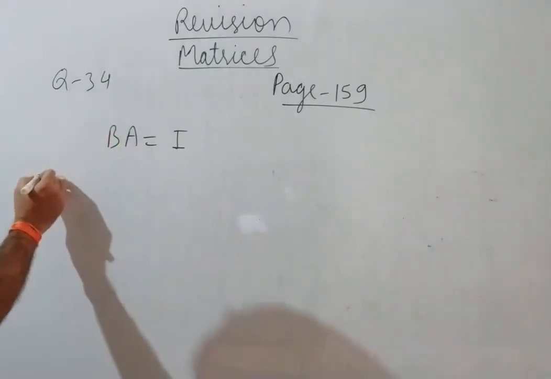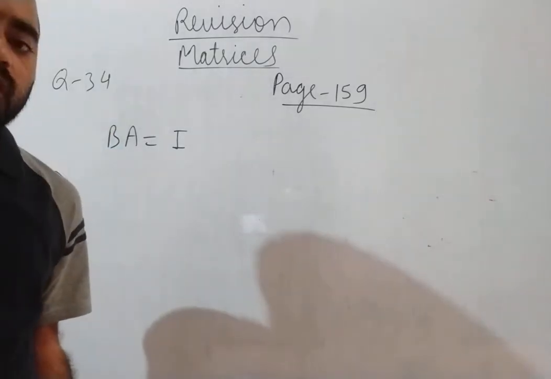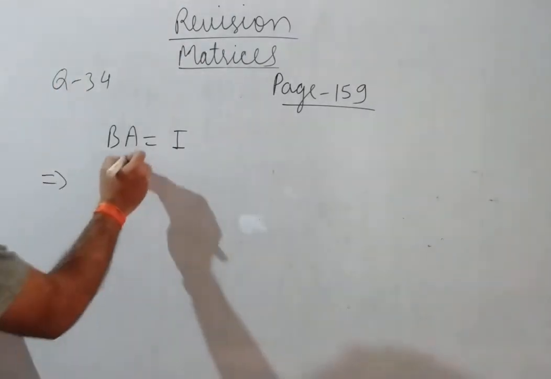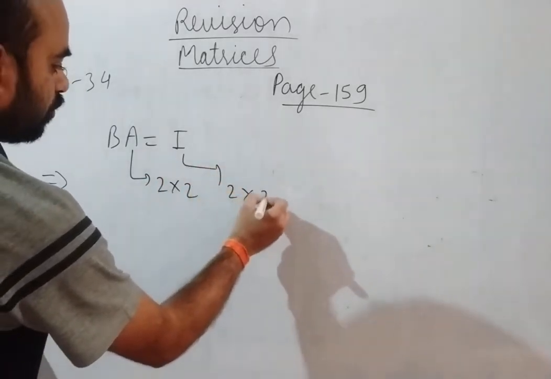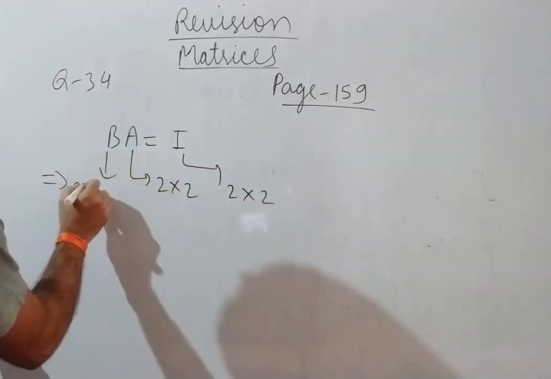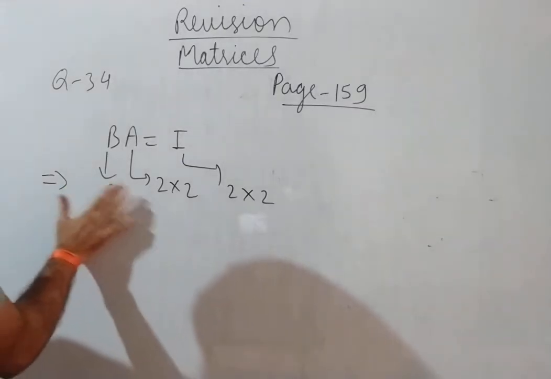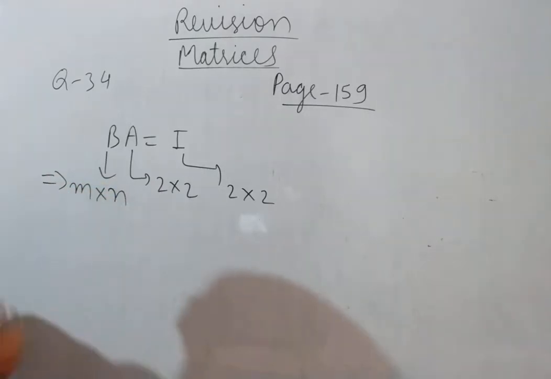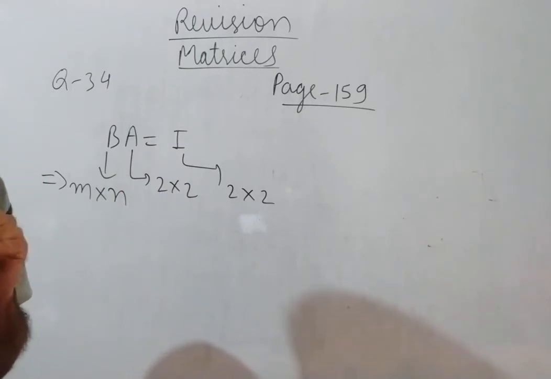So first we will substitute the value of matrix A, but first we have to find the order of the matrix B. Matrix A is given as 2 by 2. Suppose the order of B is M by N. So for the product of two matrices, what is the condition?